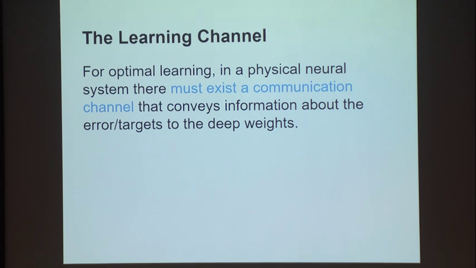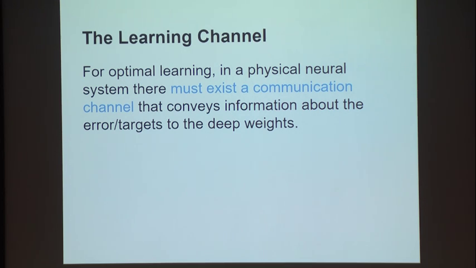And of course, once you have this insight, you can ask all kinds of questions about deep learning channels. So where is the channel physically? In a physical system, where is it implemented? In biology, we know that we have all kinds of feedback pathways. So maybe some of them are carrying the information that is needed for deep learning.